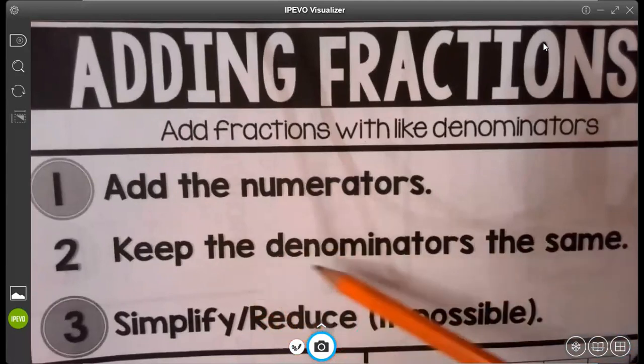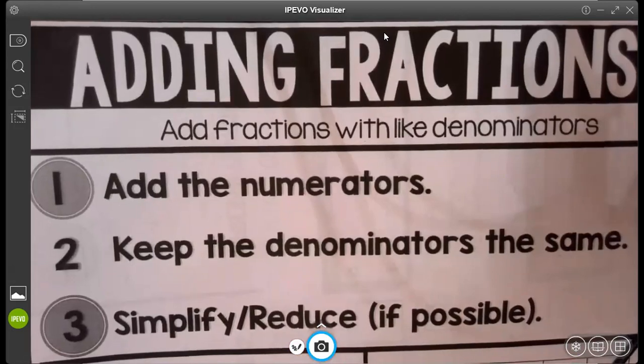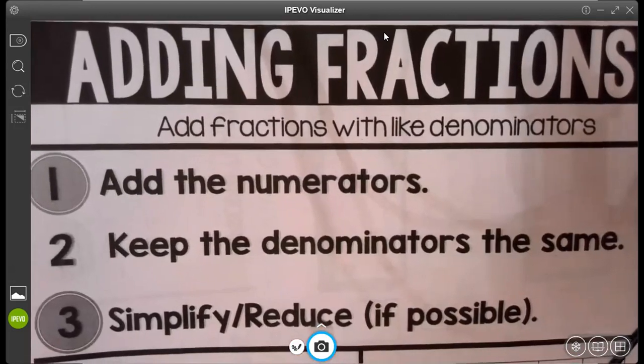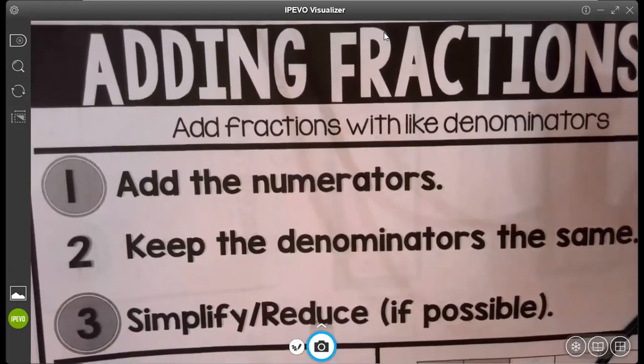The second step is we're going to keep the denominators the same. And our third step will be to reduce or simplify if possible. And I'm going to add another step onto this. Our first step will be to make sure our denominators are the same. So let's go ahead and get started with some math.